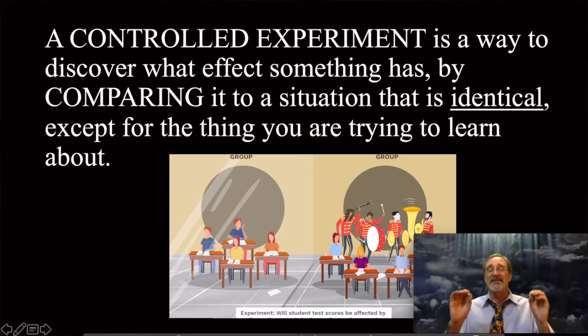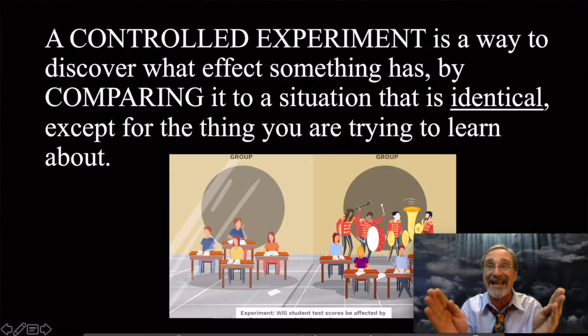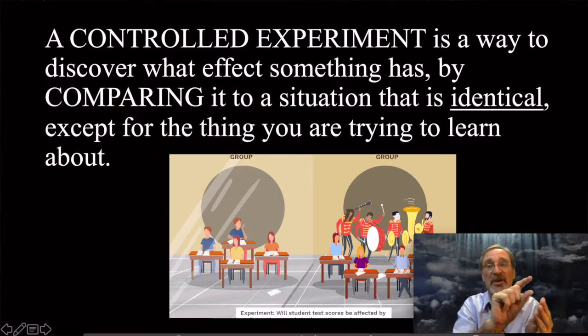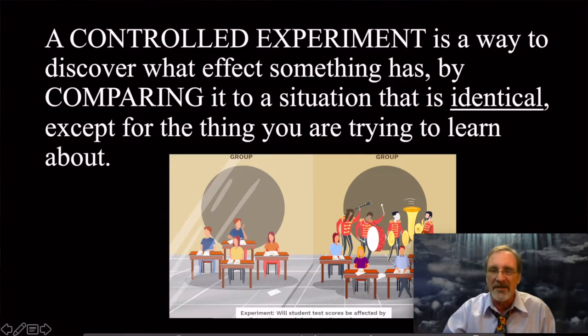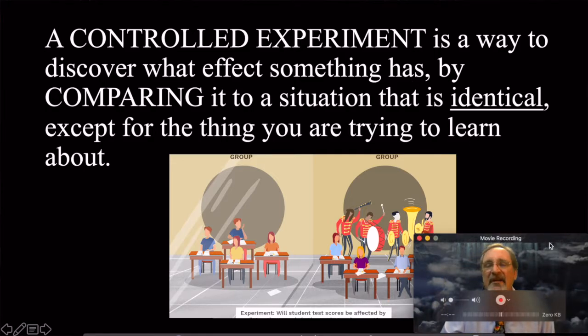What that means is all the variables, everything possible, has to be exactly the same, except the one thing you change, whether it's the fertilizer or whether you talk to the plant. That's the only thing that's different. So if you then see the responding variable respond, you know that's what caused it, or at least you could be fairly confident of that.